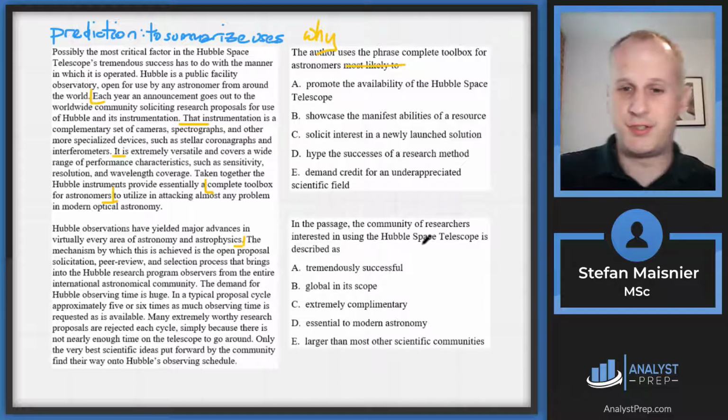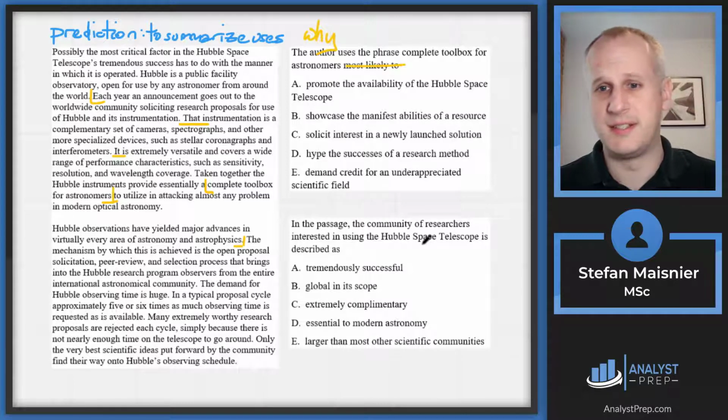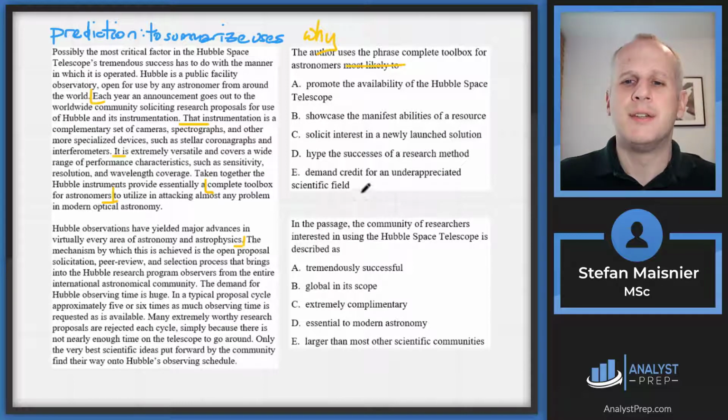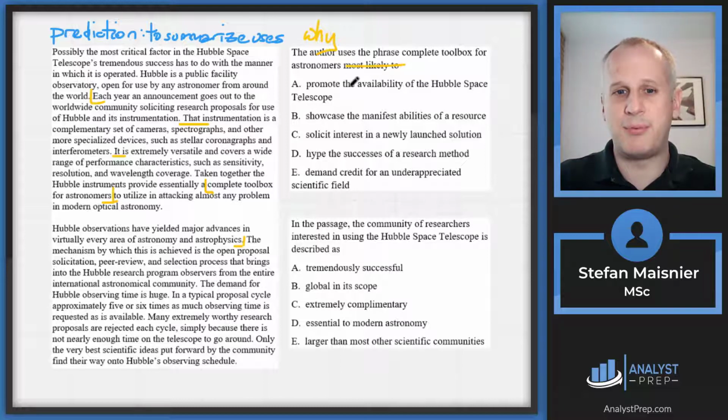So just to show it can do all of these things and more, basically. So choice A could be a trap. We do end up talking in the next paragraph about the availability of the Hubble Space Telescope, but that is not why the complete toolbox for astronomers is mentioned. So this would be the wrong subject matter.